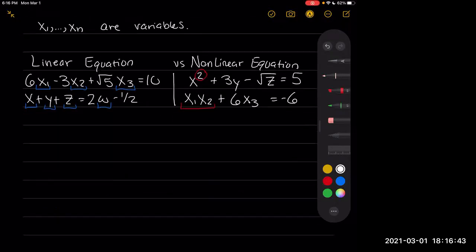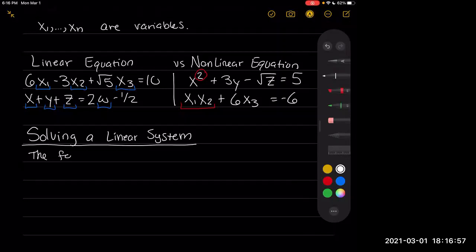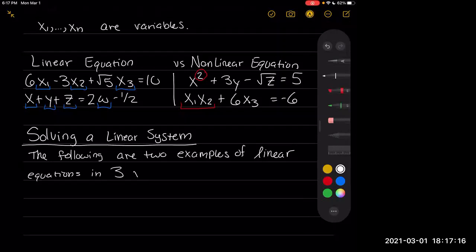All right, so we're going to look at solving a linear system. So the following are two examples of linear equations in 3 variables.